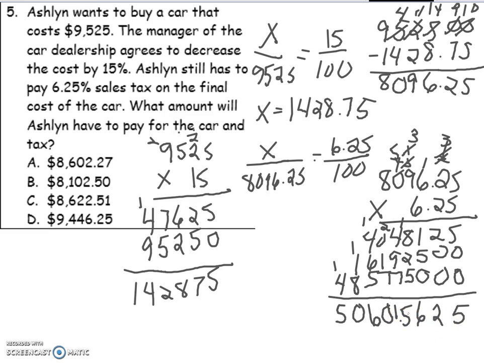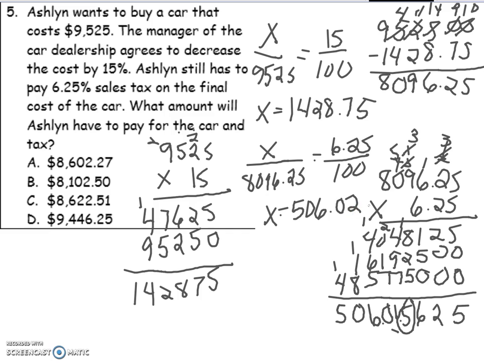And then you still have to divide by 100. So we go over 2 spaces. So we have 506. And we round that, underline the 1, circle the 5. 506 and 2 cents.